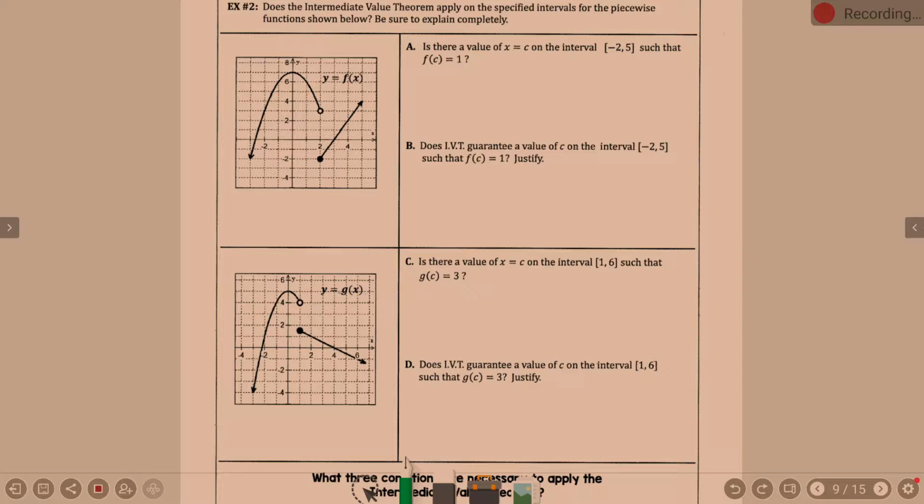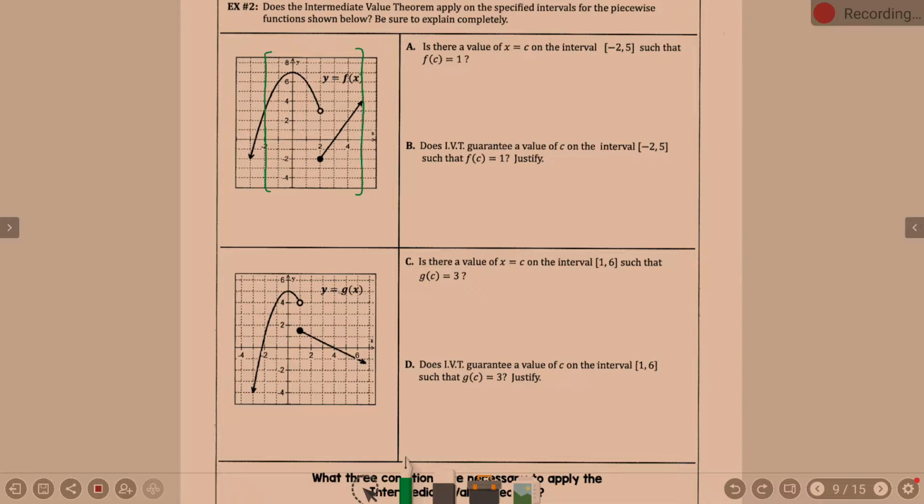So where's negative 2 to 5? I just drew in some brackets there to help us. Is there a value of x equals c on the interval negative 2 to 5 such that f of c equals 1? So basically, is there an x value where the y value is 1?